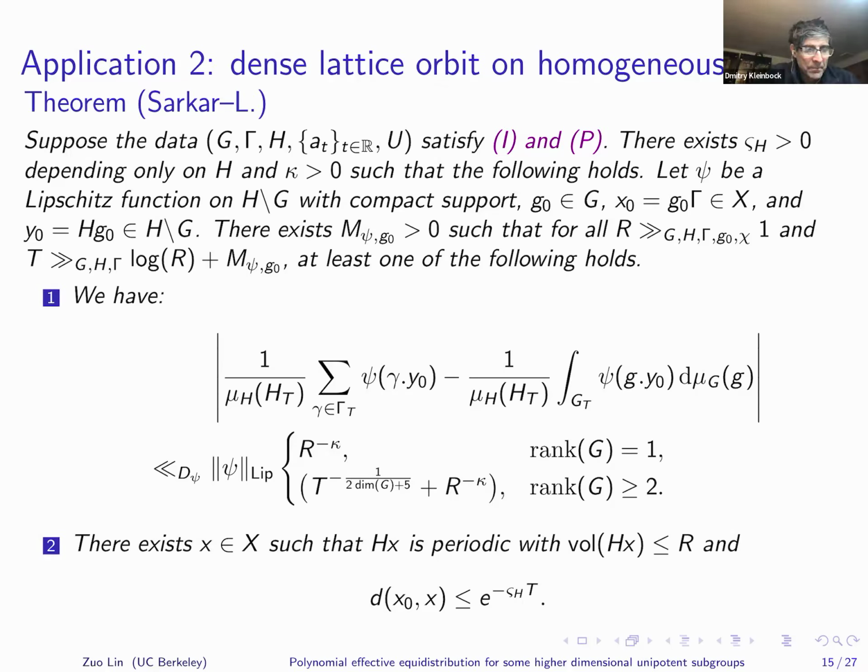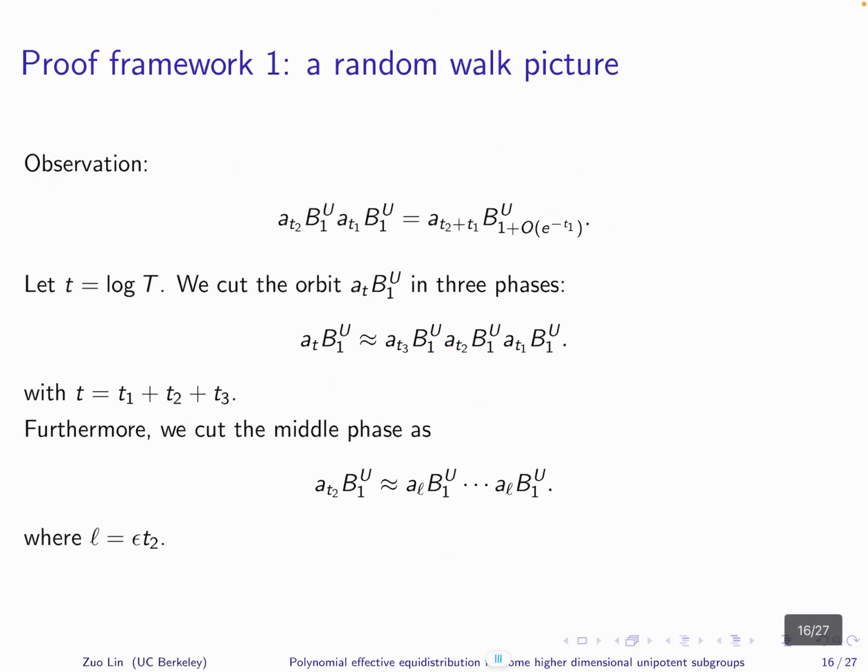Or earlier. Okay, so let me try to give a sketch of the proof in approximately 10 minutes. The general strategy, or general framework, follows from the seminal work by Lindenstrauss, Mohammadi, Wang and Yang.